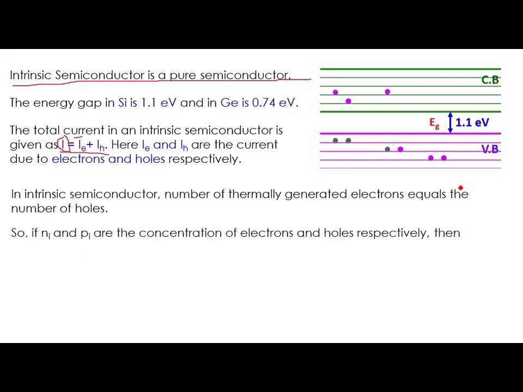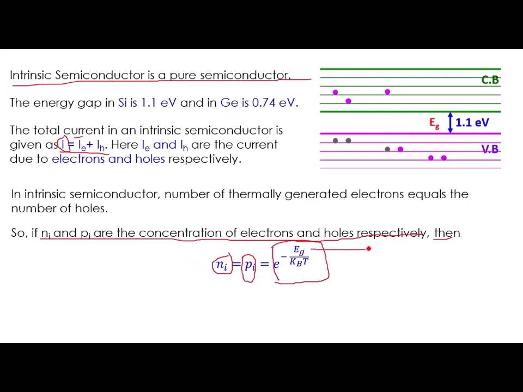If Ni and Pi are the concentration of electrons and holes respectively per meter cube in a semiconductor, then their number is given by the formula Ni equals Pi equals e to the power minus Eg divided by kBT, where Ni is the concentration of intrinsic electrons, Pi is the concentration of holes, and this number is the same for electrons and holes.